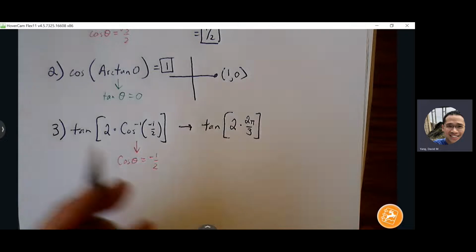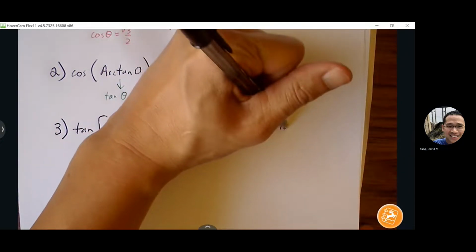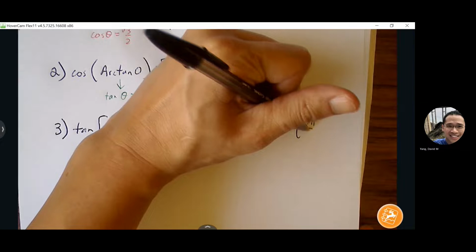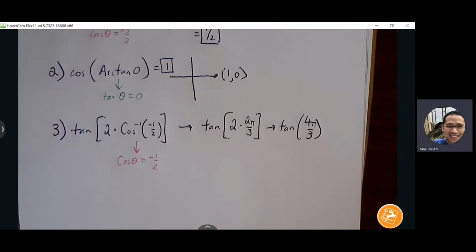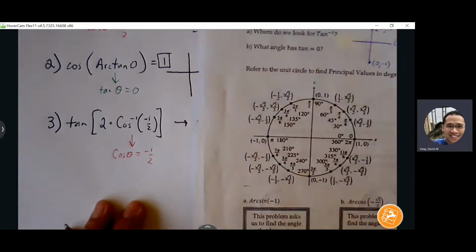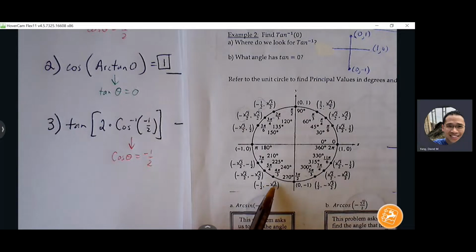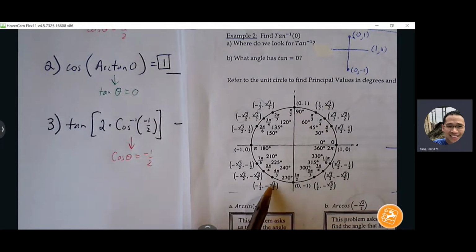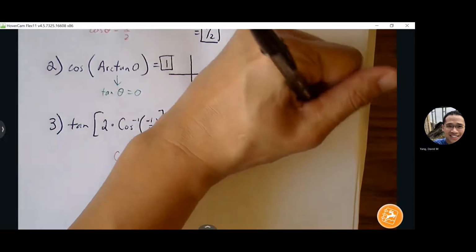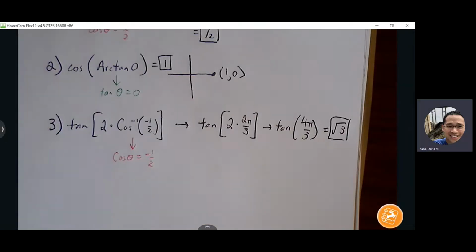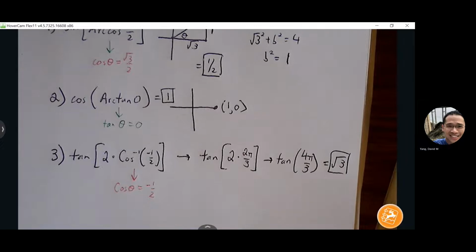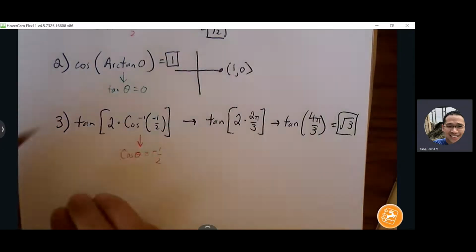Okay, so tangent of 4 pi over 3. Refer back to our unit circle. Tangent of 4 pi over 3. Negative root 3 over negative 1, which is root 3.